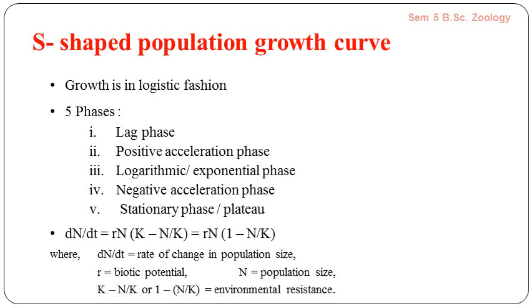Later to the negative acceleration phase, the growth rate becomes almost stabilized because mortality and natality rates are almost equal to each other. That is, as many deaths occur in the population, that many are introduced by birth or by reproduction. So the population growth is almost zero. That is, number introduced is same as number died.